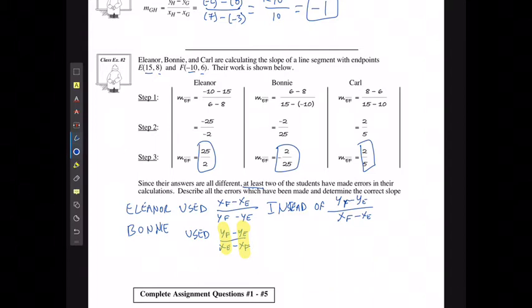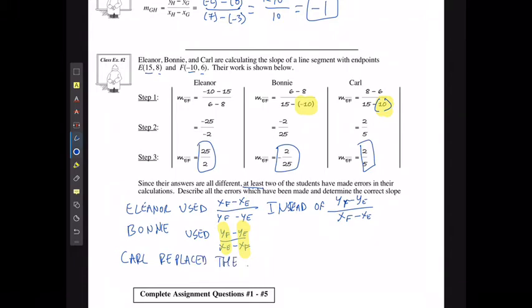And if we want to take a look at Carl, well, Carl wound up replacing the e point, or the second point, with positive 10 instead of the negative 10, which meant that Carl replaced the wrong x of f value.